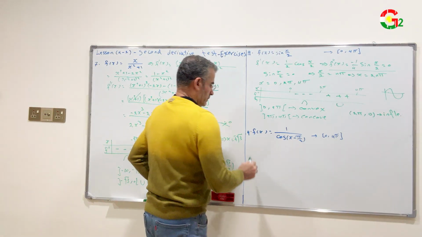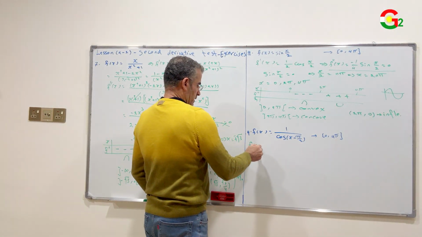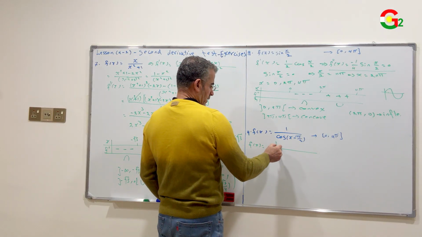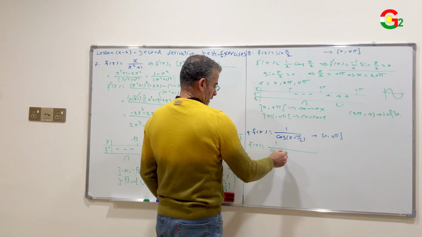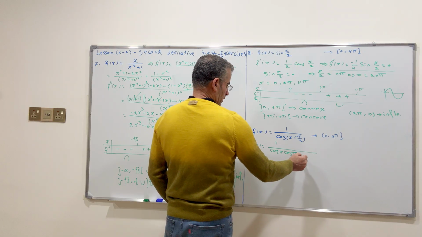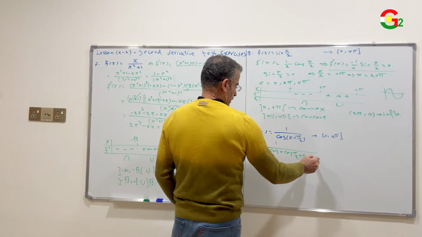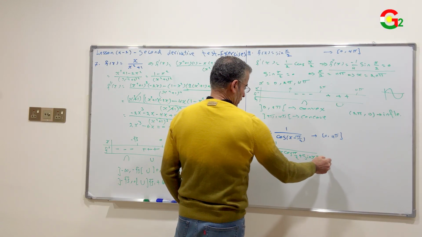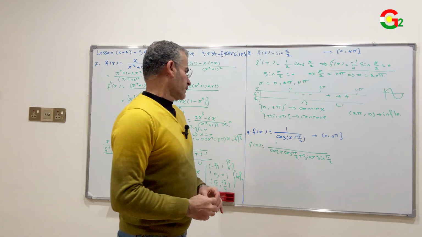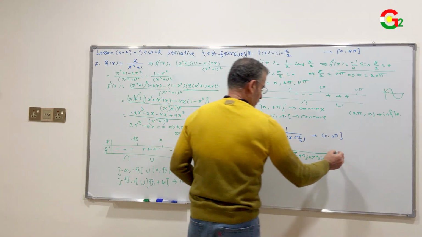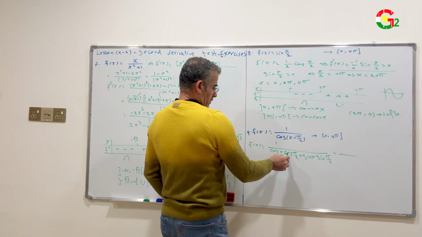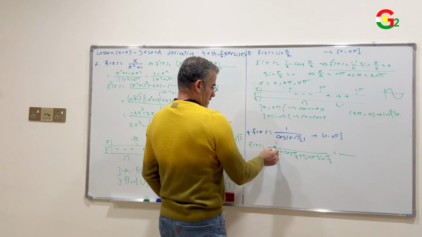Question number 9, f of x, rewrite this function to simplify it as 1 over cosine x cosine pi over 2 plus sine x sine pi over 2, from the rules of trigonometric functions, equal to cosine pi over 2 is 0, 0 times cosine x, it is 0.